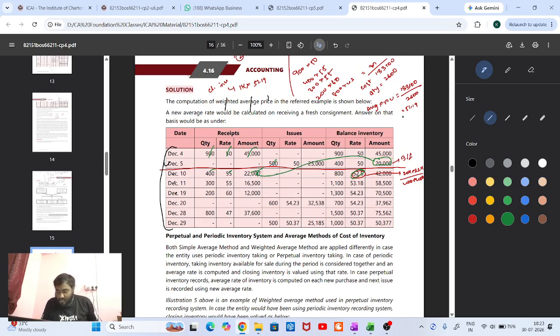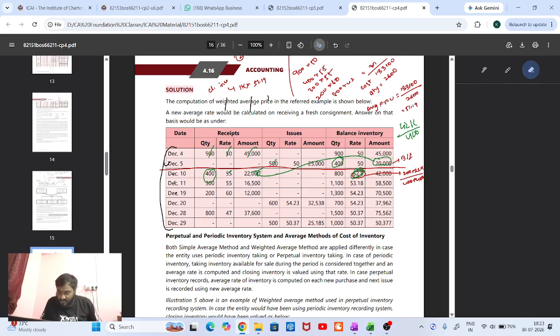How much stock do you have? 20,000 plus 22,000 is 42,000, divided by how much stock is lying with us? 400. How much stock did we purchase? Another 400. 42,000 divided by 800 is the value of 52.5 rupees.